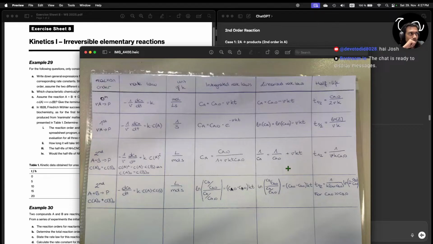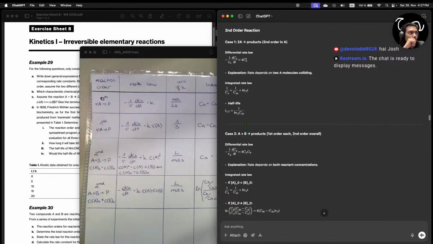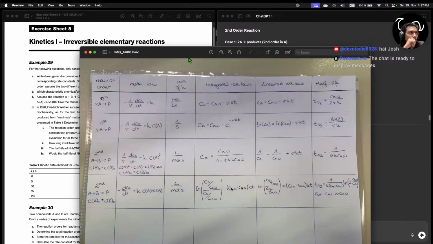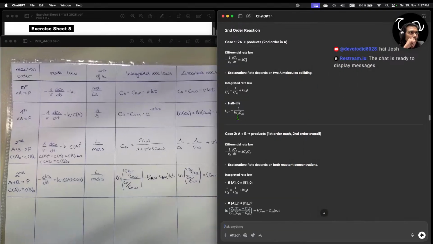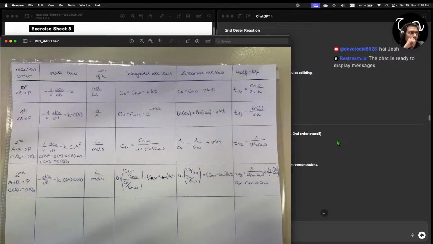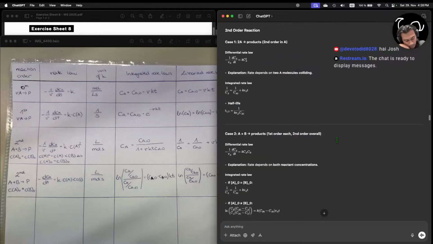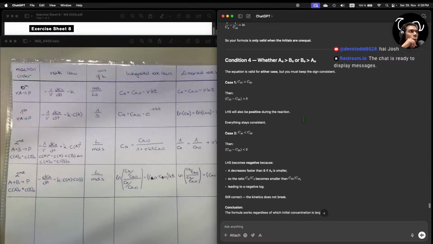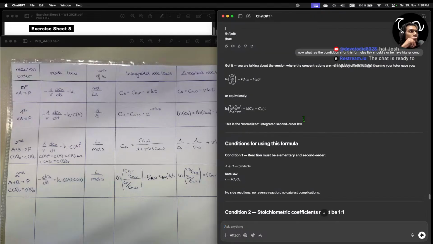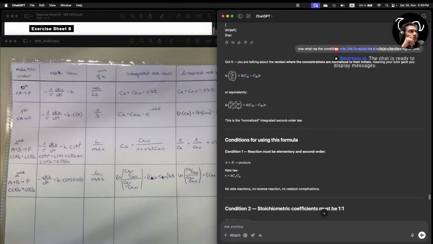Half-life. It's at half, okay? Got it. You're talking about the version where concentrations are normalized to the initial ones.